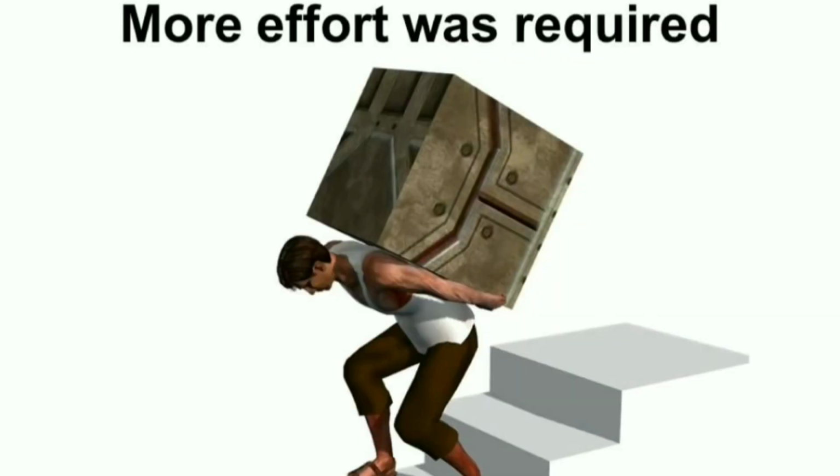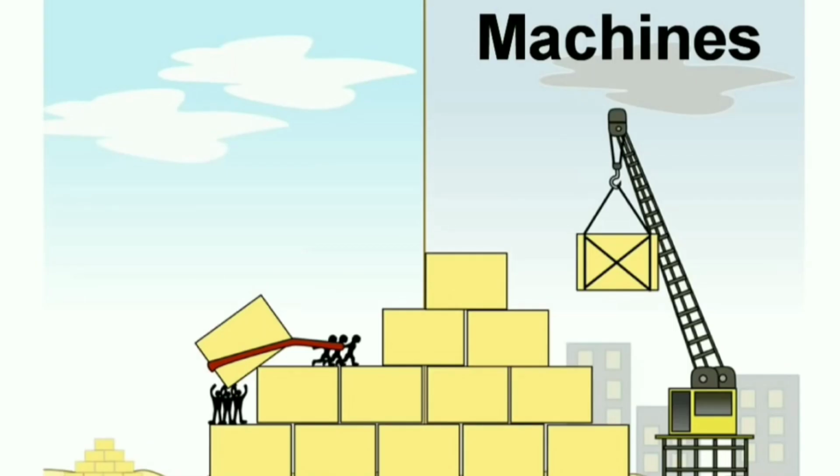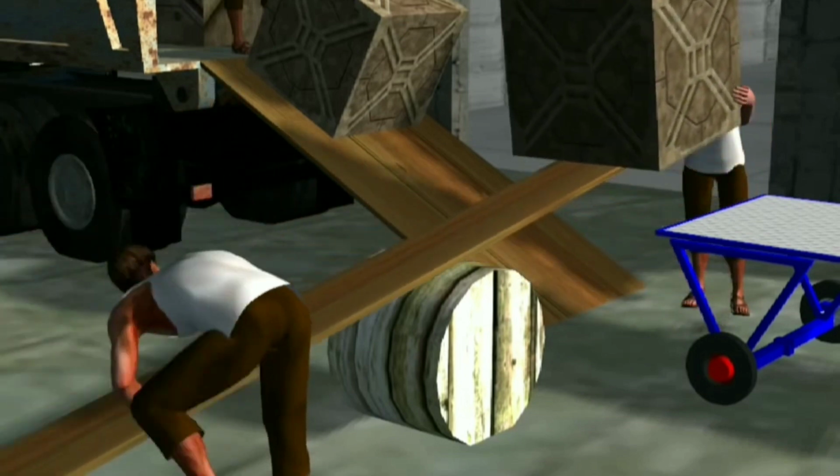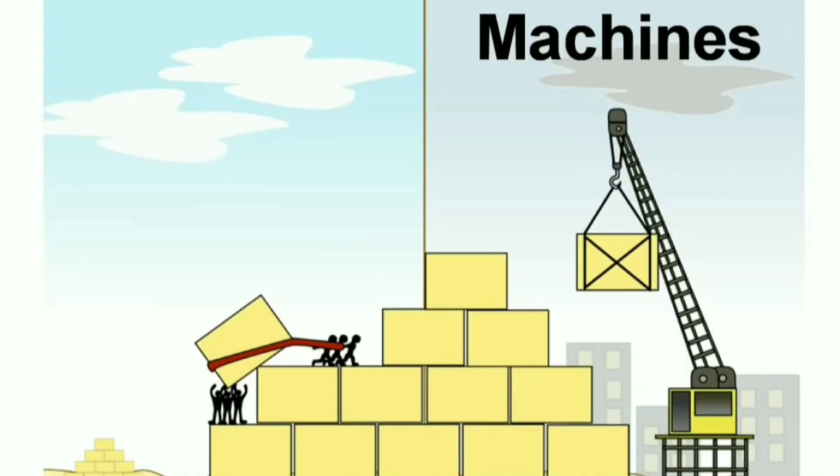Before engines and motors were invented, people had to do things by lifting or pushing heavy objects by hand. It was very difficult for them. Gradually, we human beings realized some simple object can help us to do the work easily with less effort. The objects which help us to do more work with less effort are called machines.